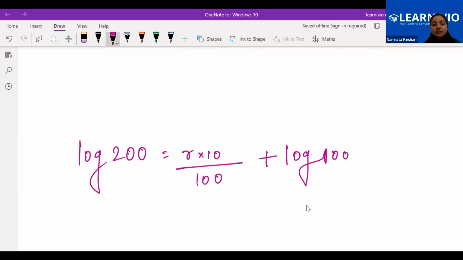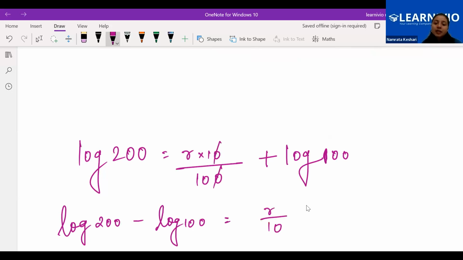Now this log 100 we are shifting to this side, so we will be having log 200 minus log 100 is equal to 0, 0 gone, r by 10. Yes or no? Yes, ma'am. Now log m minus log n will be log, tell me the formula, Murtaza.